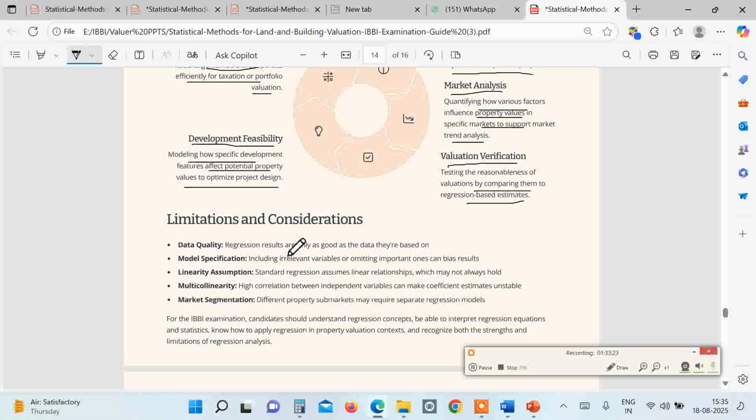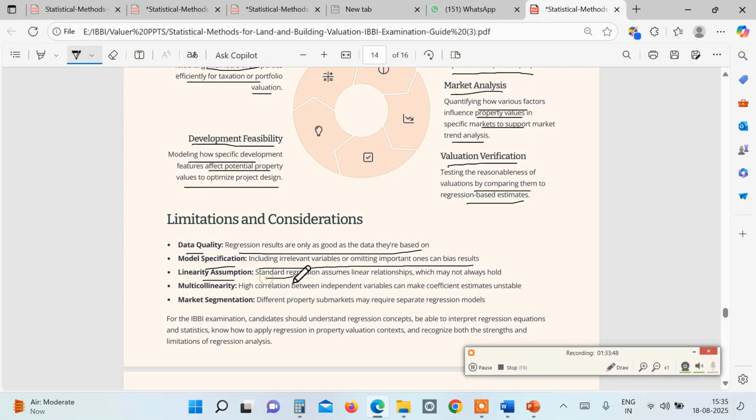So, limitations and considerations of this regression analysis. It depends upon the data quality. Regression results are only as good as the data they are based on. Then model specification, including irrelevant variables or omitting important ones can bias results. Then linearity assumption.